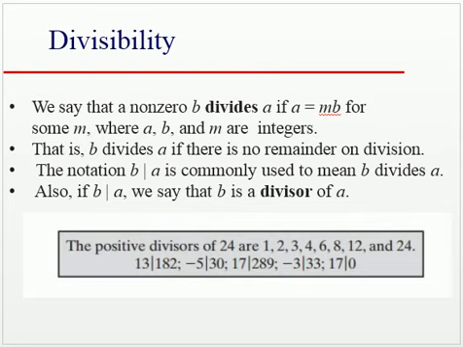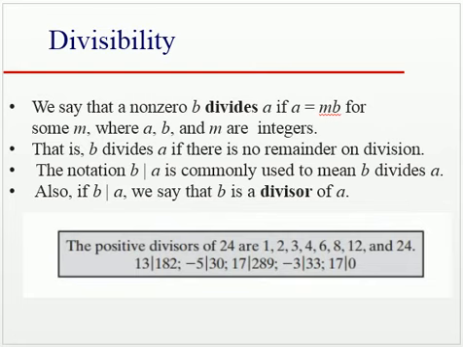So, for example, if we have B equal to 2 and A equal to 8, then after this division there is no remainder. So we can represent A as 4 times 2.